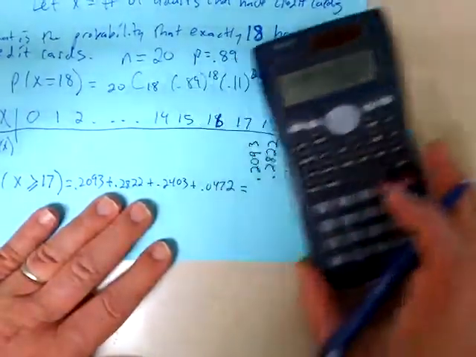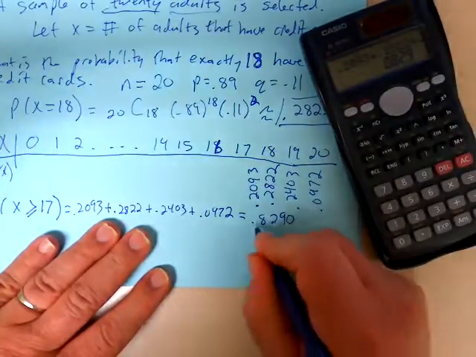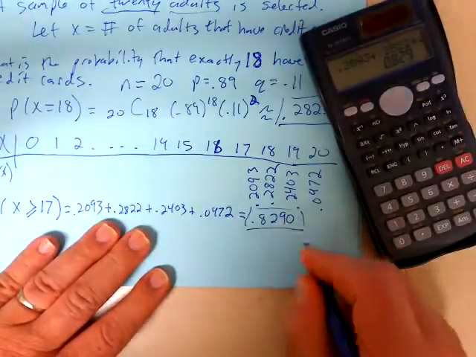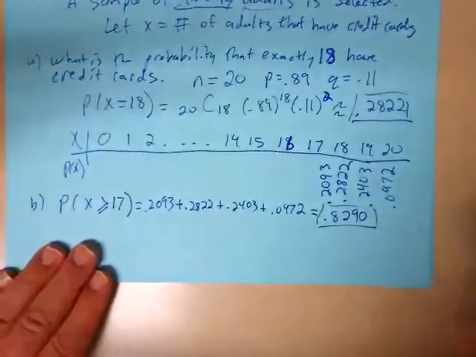Looks like when I add all that up, I get 0.8290. So that would be the probability that it's greater than or equal to 17.